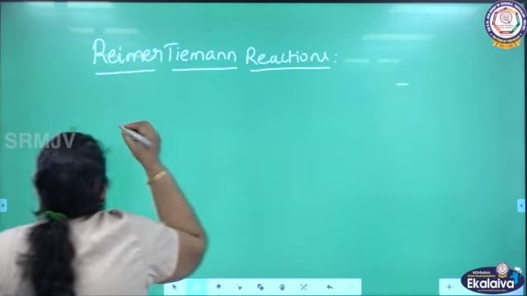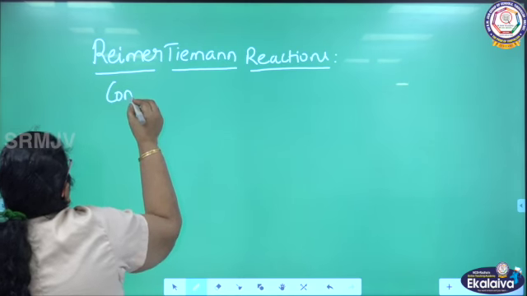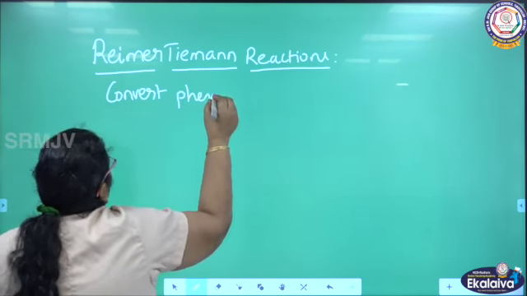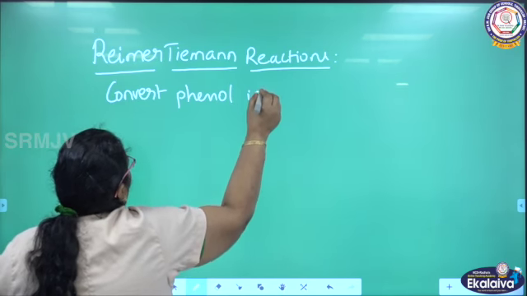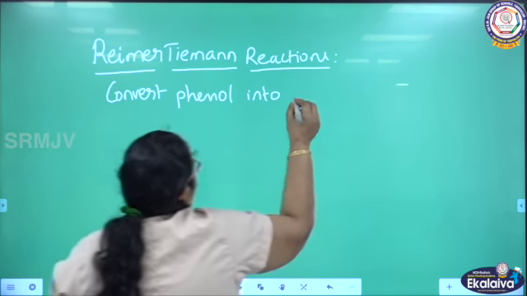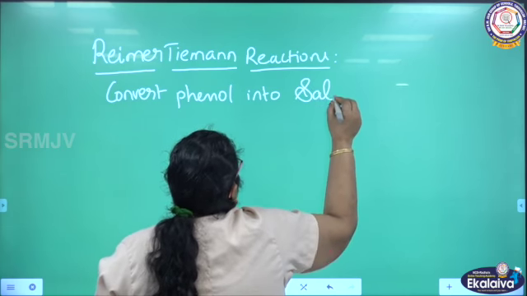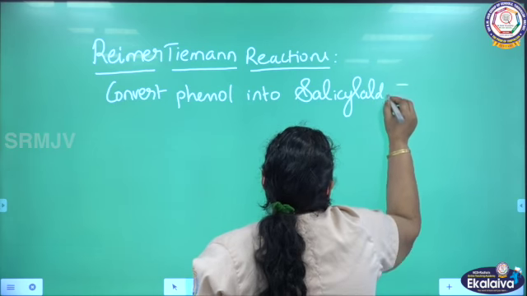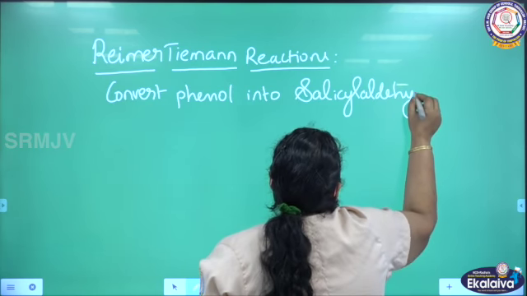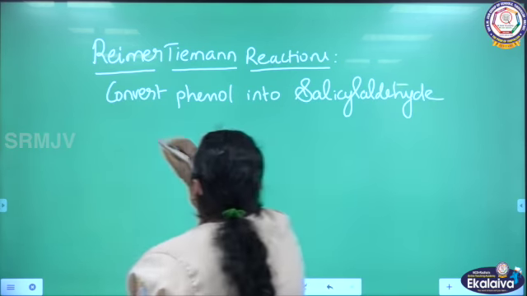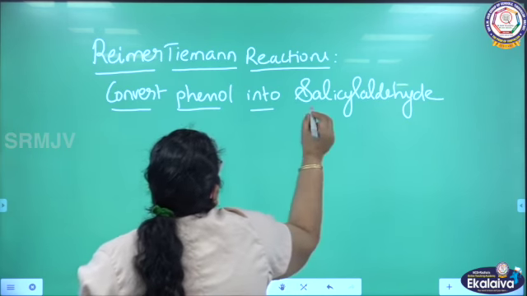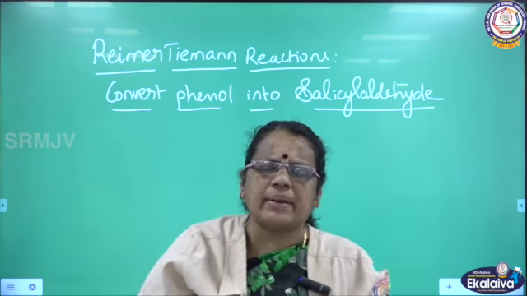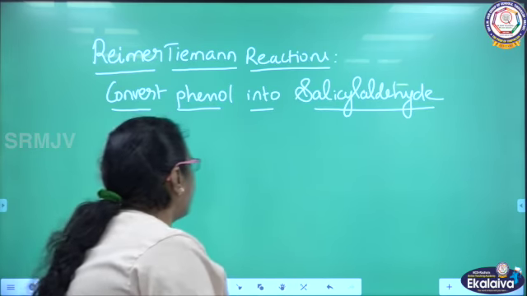Actually, they will be asking it as a conversion: convert phenol into salicylaldehyde, which is an aldehyde. So they will be asking, convert phenol into salicylaldehyde, or if it is a naming reaction, the Reimer-Tiemann reaction. Let me see the reaction now.